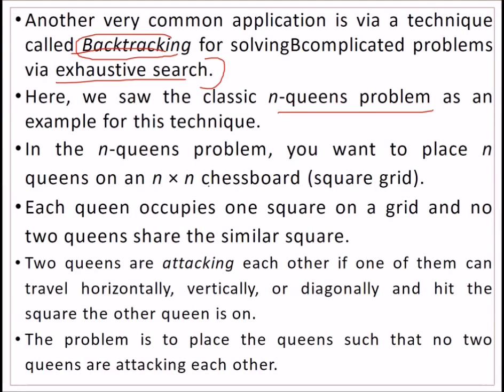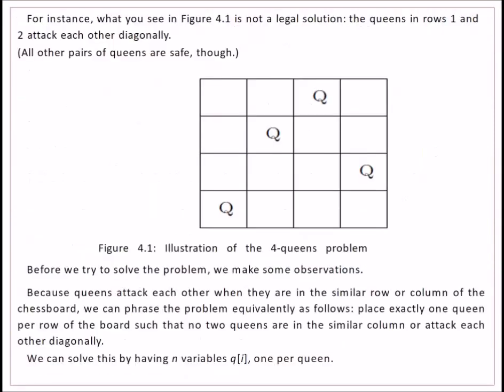In this n queens problem, you want to place n queens on an n by n chessboard. Means this is a chessboard, and we have n queens. Say, for example, we'll take this example as 4 only for better understanding. So 4 queens in a 4 by 4 chessboard.